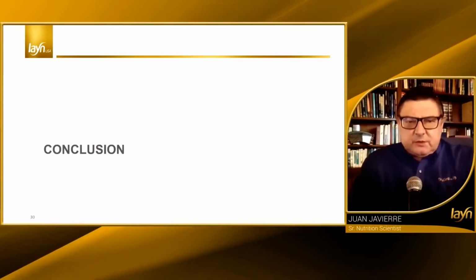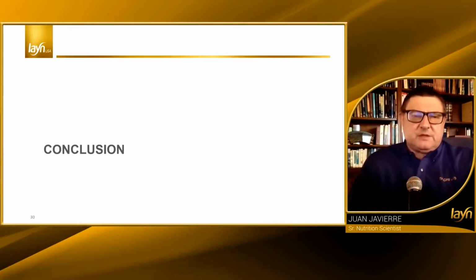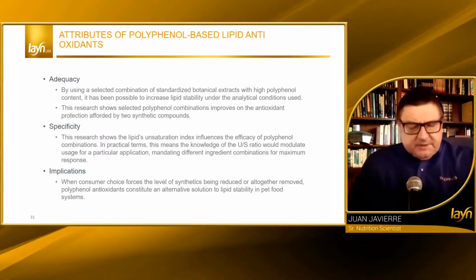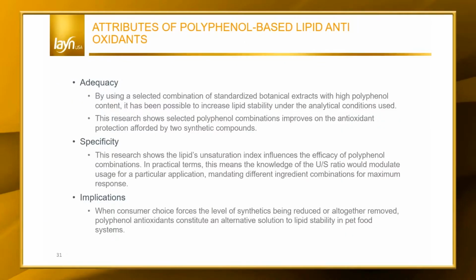So what kind of conclusions can we draw from this developmental work? To begin with, I think we should say adequacy is one of the attributes in polyphenol-based lipid antioxidants. We can obtain highly efficient antioxidants by selecting combinations of standardized botanical extracts rich in polyphenols.